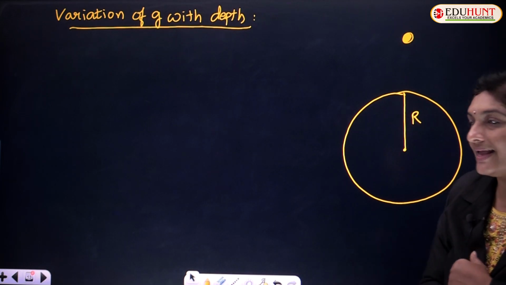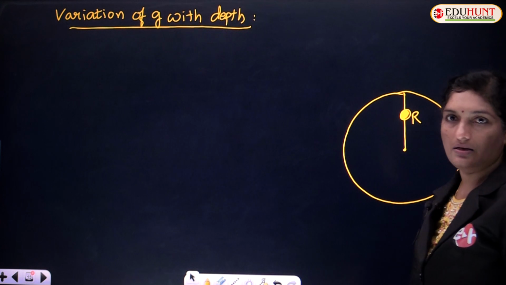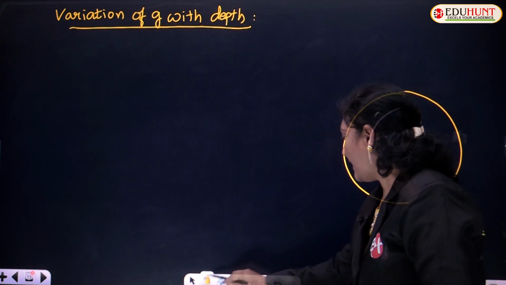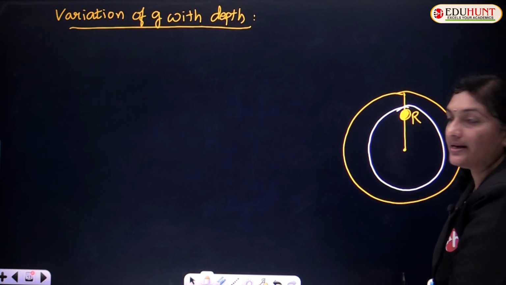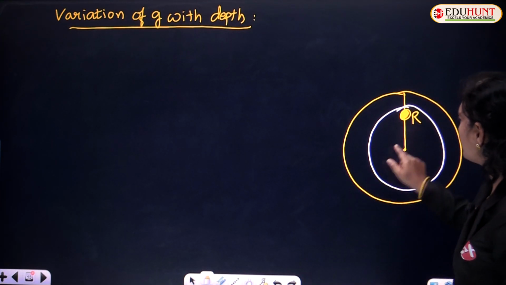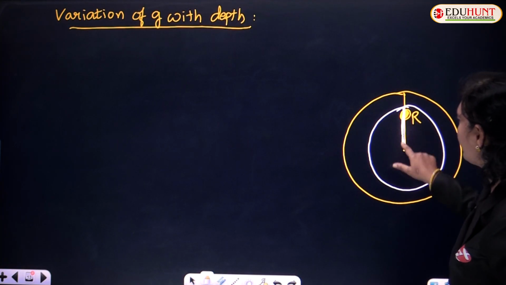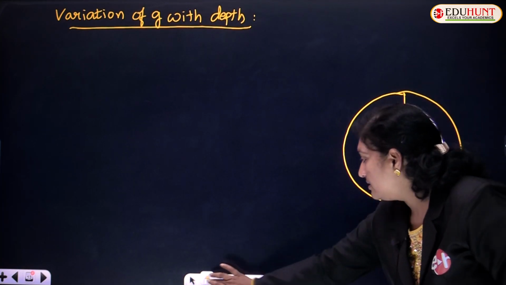But the case is different when the body is taken inside the surface of the earth. We know that earth is a massive substance, with some mass present inside. As we go deeper, only a portion of the radius affects. So this will be your new radius, r dash. Earlier the radius was bigger.